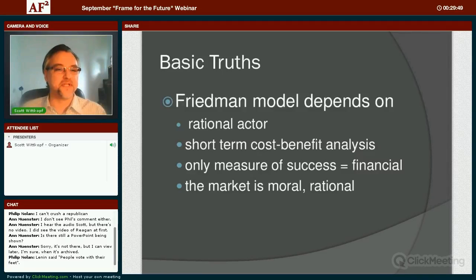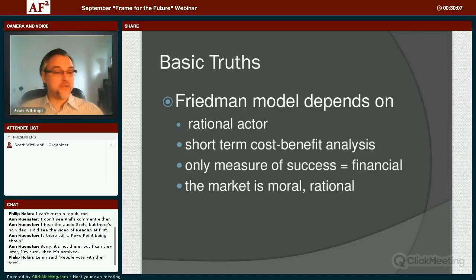Phil Nolan just said Lenin said people vote with their feet. That is very true. People vote with their feet, not with their head. And then finally, this idea that the market needs to be a moral and rational actor as well.